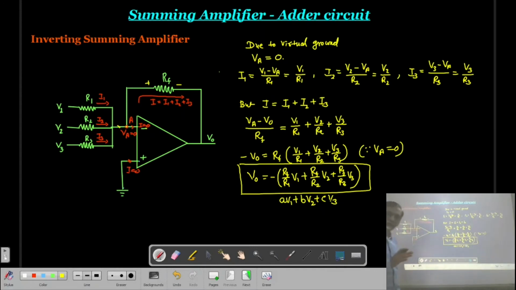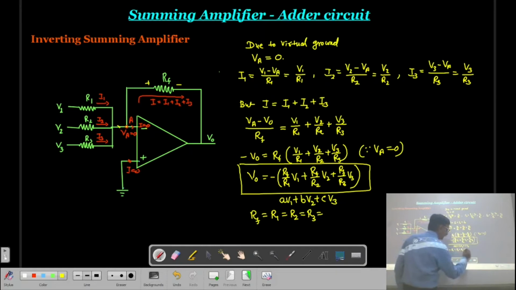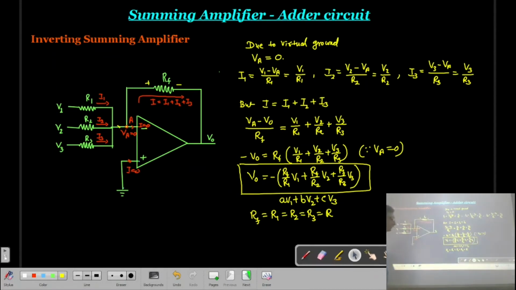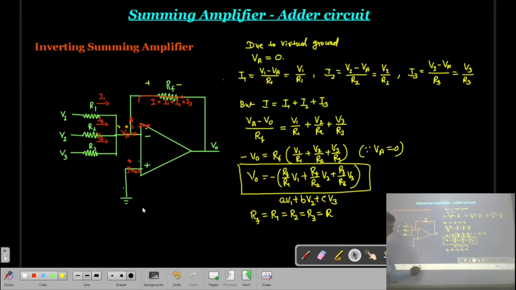But if you want simply the addition of the voltages V1, V2, V3, in that case we can consider RF equal to R1 equal to R2 equal to R3, and let us say it is equal to R. Then the output voltage VO comes out to be: RF by R1 is the same, RF by R2 is the same, RF by R3 is the same, so this will be equal to minus V1 plus V2 plus V3.